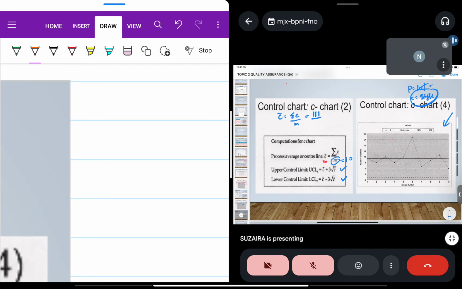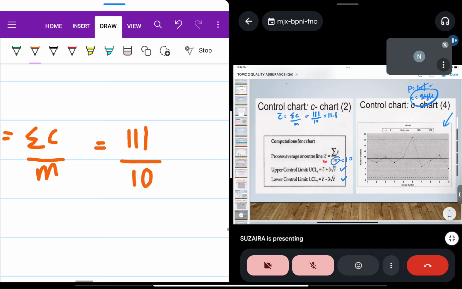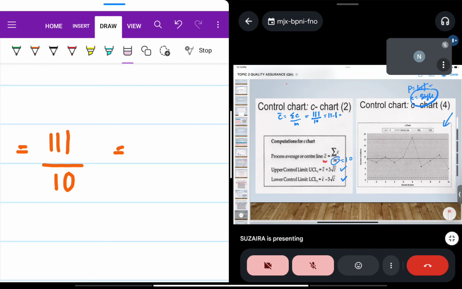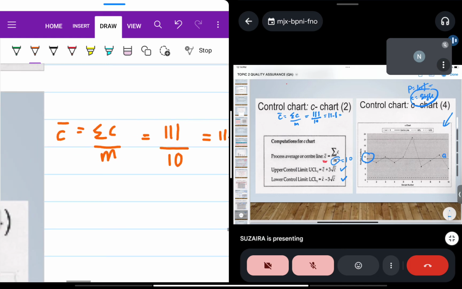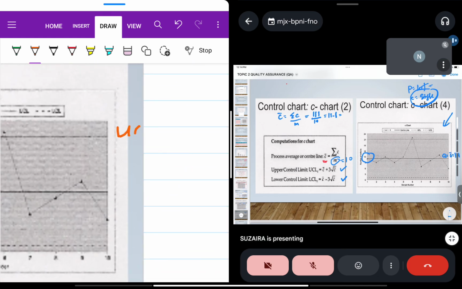How many do you get? 11.1. Got it? So 11.1 is the C bar, or equal to the center line. So this is actually the CL, or C bar, for 11.1.